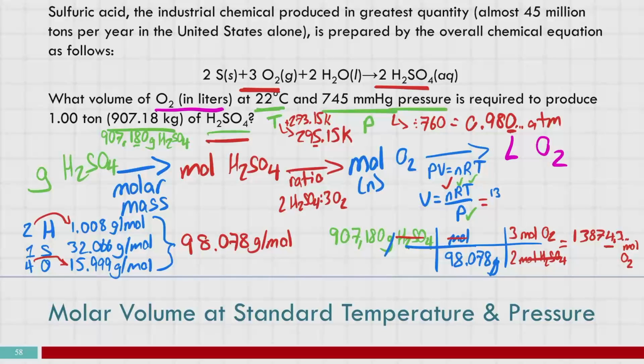So 13,874.3 moles O2 times R, liters atmospheres per mole Kelvin, times temperature, 295 Kelvin. Kelvin and moles cancel. On the bottom, we've got pressure.